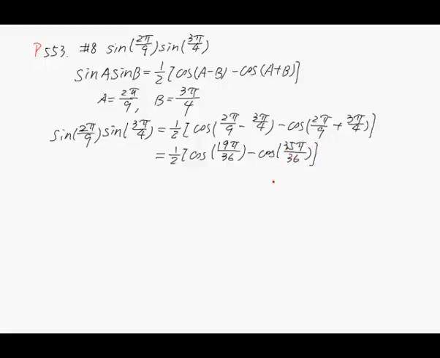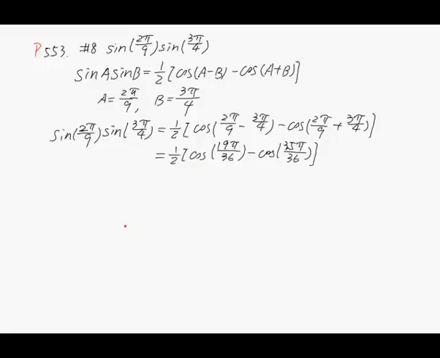So in this way, we just rewrite this product as the difference of these two cosine functions. So this is from product to sum. Okay, this is the first example.